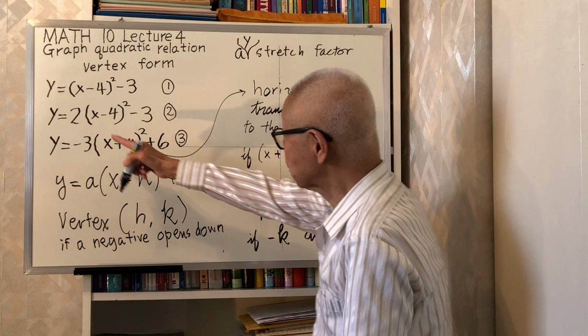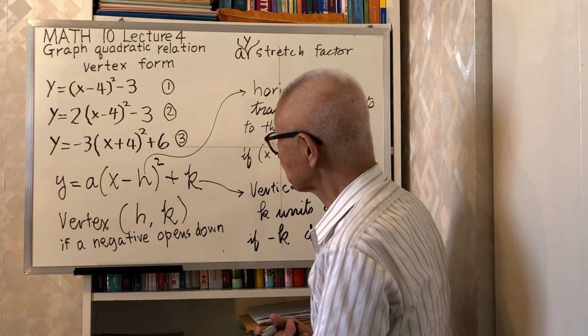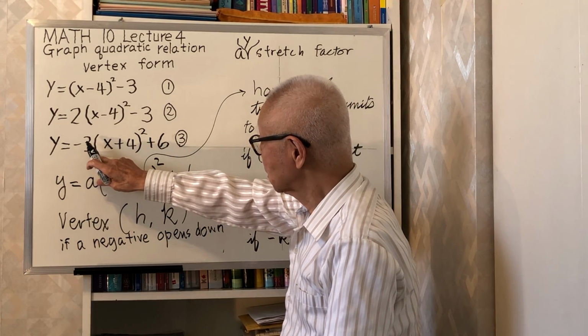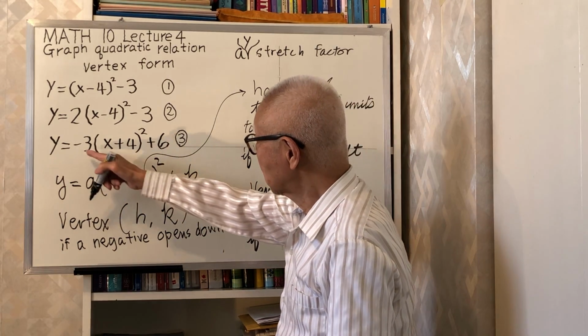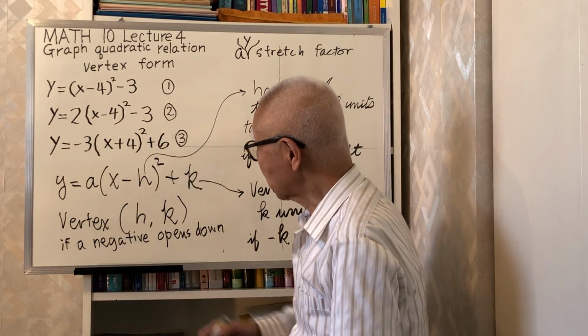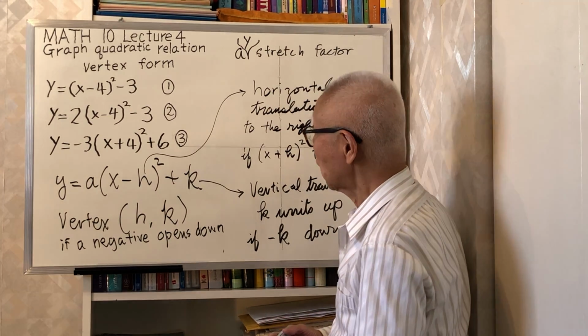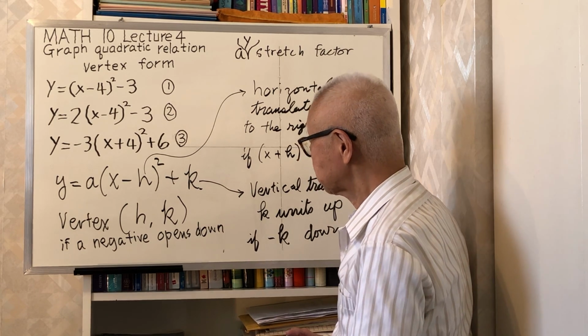If a is 2, you stretch the y coordinate by a factor of 2. If a is 3, you stretch the y coordinate by a factor of 3, and then this negative sign is called a reflection in the x-axis.